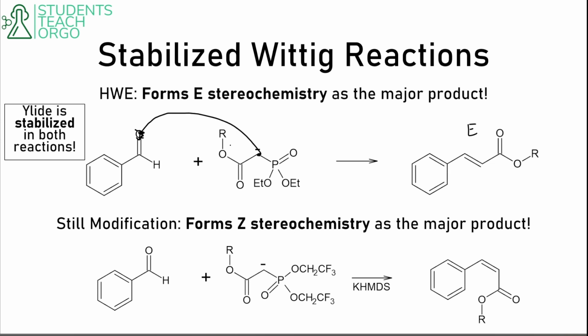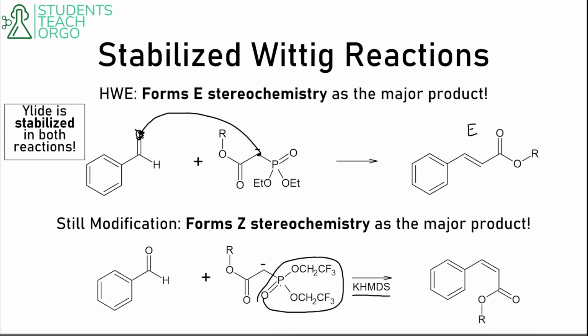Might be a little weird at first just looking over the stereochem, but it's not too bad when you break it down into its constituents. And in the Still modification here, all we do is we use this fancy KHMDS reactant, and we highly oxygenate again, but we use these fluorine groups.